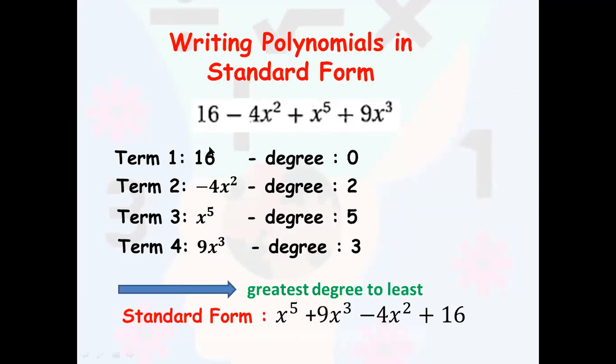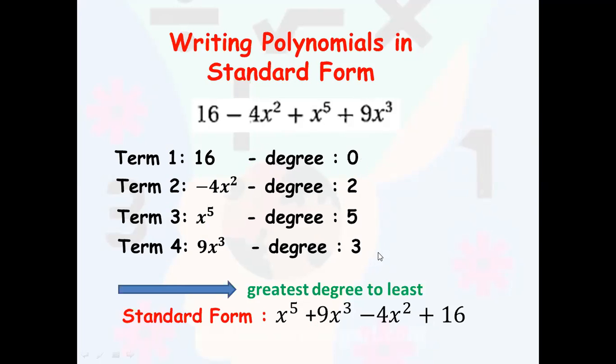So this is term 1. The term 1, the degree is 0. Term 2 is negative 4x squared, so the degree is 2. x to the power of 5, the degree is 5. And 9x cubed, the degree is 3. Okay, now we have degree 0, we have degree 2, we have also degree 5, we have also degree 3.